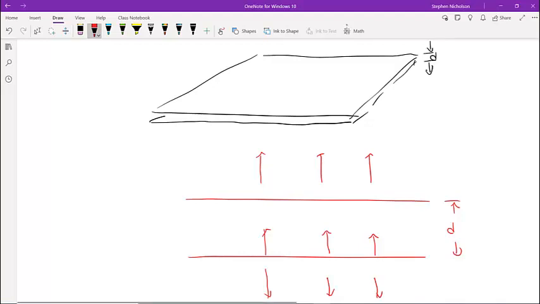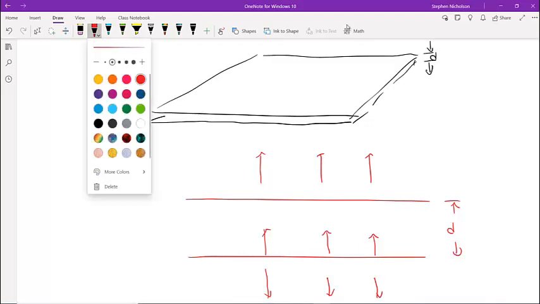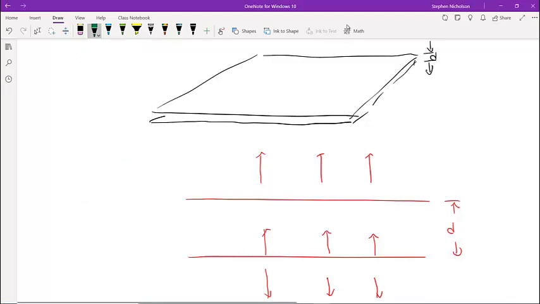Okay, then you have the second plate, which is charged oppositely. So because it's charged with the opposite charge, the electric field actually goes this way in towards the plate. So if it's negatively charged, the electric field goes this way.